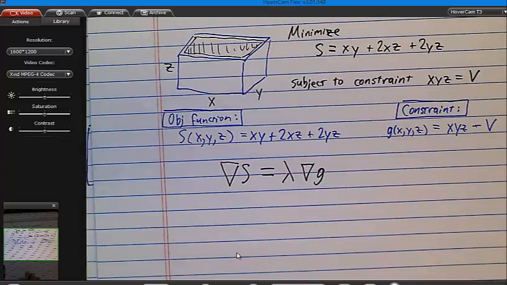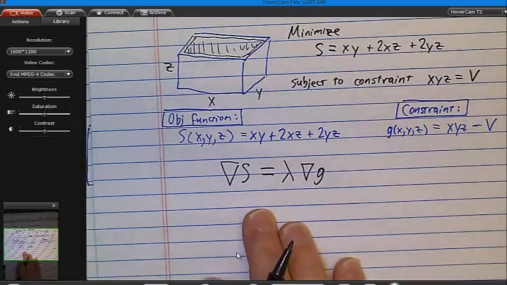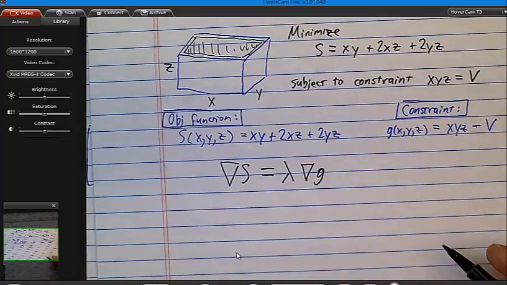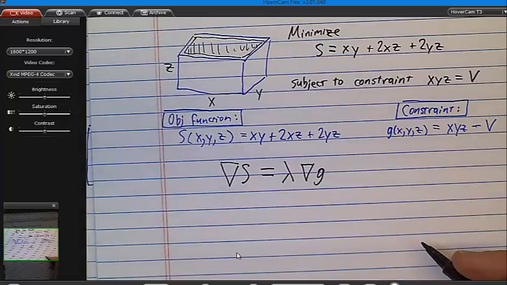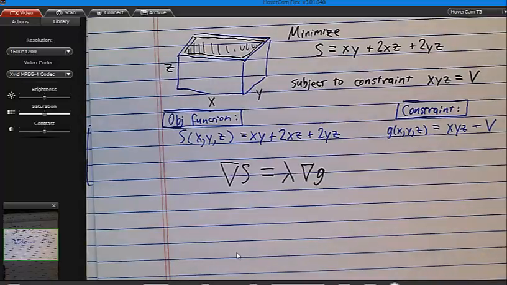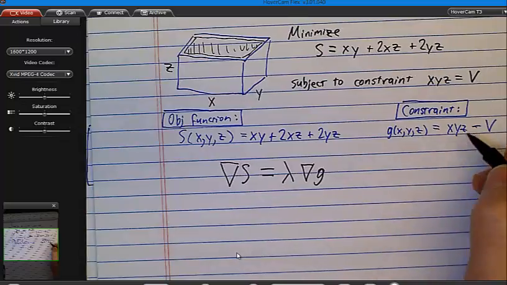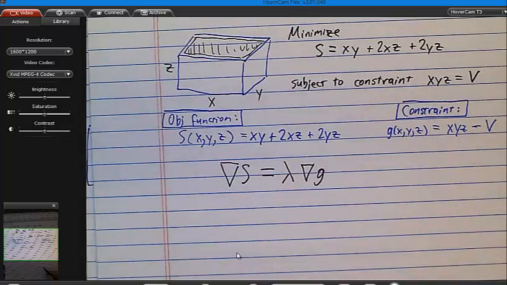Okay, so what happens here, let's see, how many equations am I going to get? Well, you get 4 equations. One equation you get by setting the constraint equal to 0.